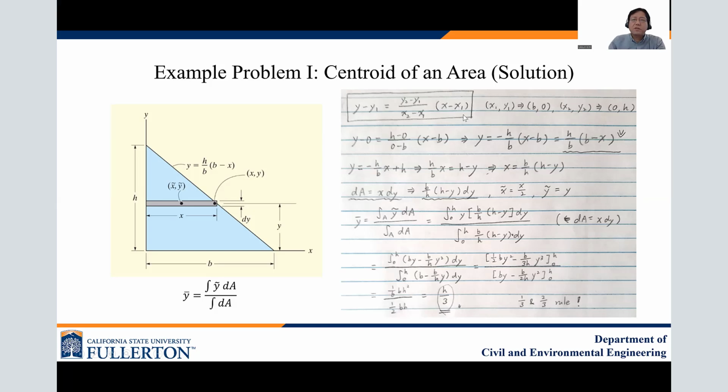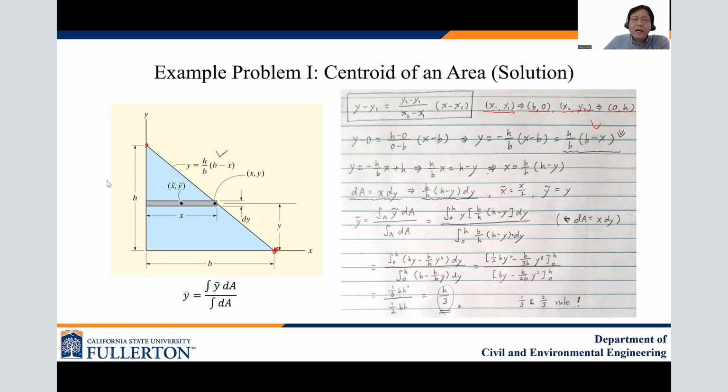We have x1 and y1 as b, 0, so that is the b and 0 coordinate. And then x2, y2 is 0, h. So that is this part, okay? And then we just plug x1, y1 and x2, y2 into this equation, and then we can get the same equation as this one, okay?